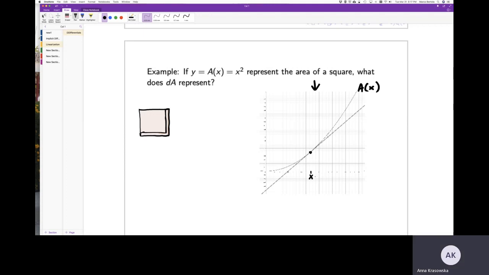For a given value of x, the length of the side, we can compute the area by squaring x. It will be x squared.